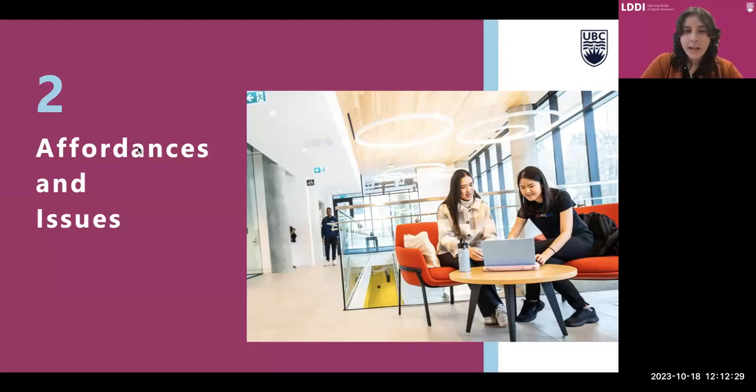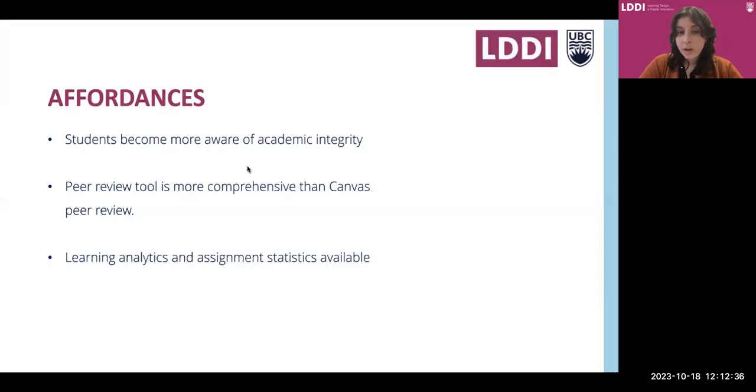And we're going to be going now into some of the affordances and issues with Turnitin. We'll start first with some of the real benefits of using Turnitin. And really the big piece, I think, is that students become more aware of academic integrity.